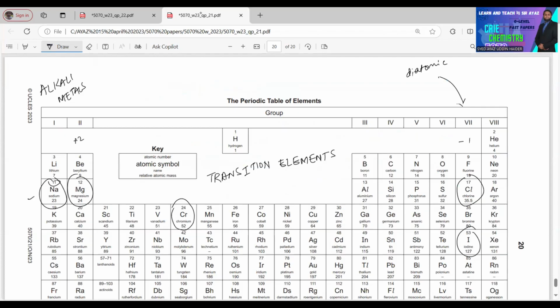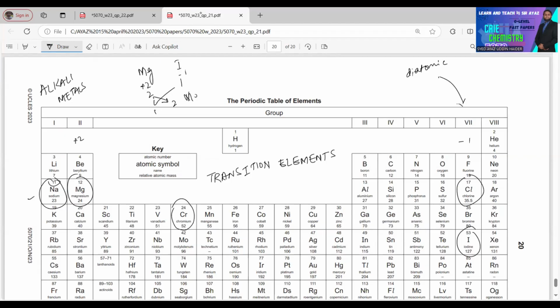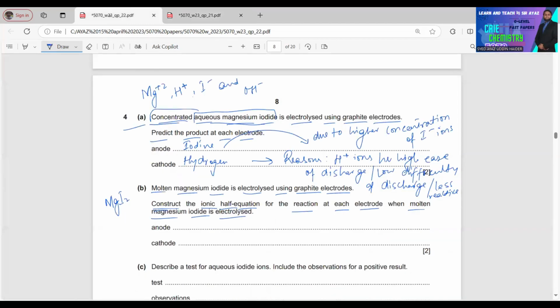Ignoring their charges, the subscripts are exchanged, so you get MgI2. So for sure it will produce Mg+2 and I- ions. You'll get I- at the anode and Mg+2 at the cathode.